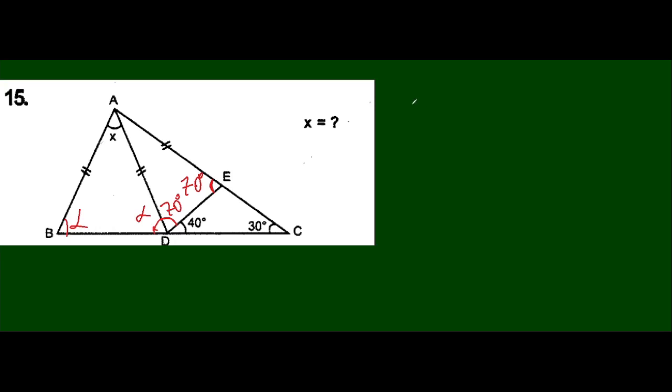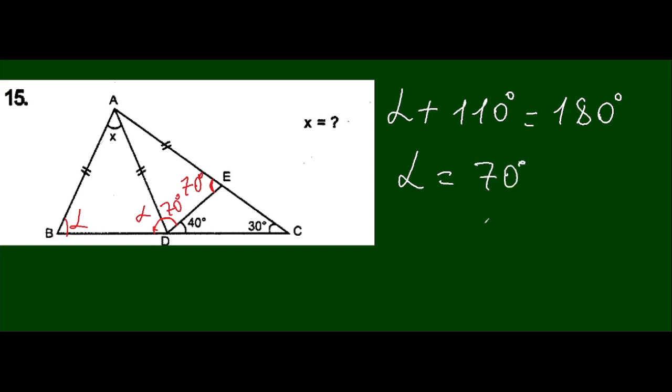The sum of adjacent angles will be 180 degrees. So this will be 70 plus 40 is 110 degrees, and it will equal 180 degrees. Where can we find the alpha? And it will be 70 degrees.